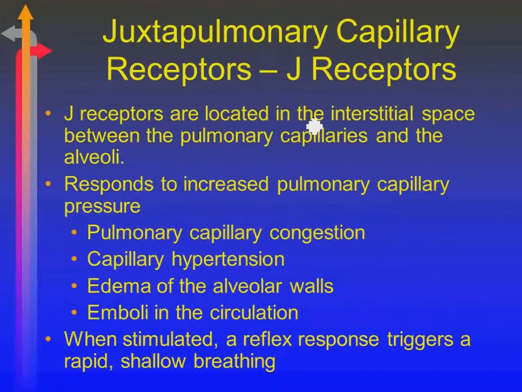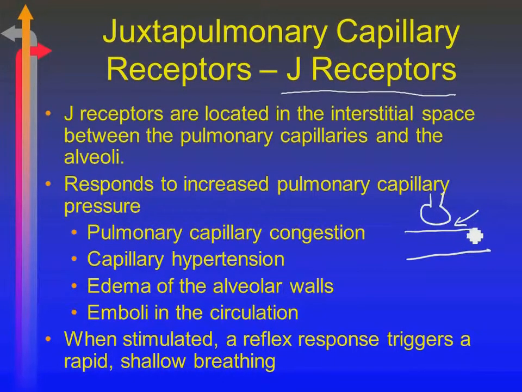J receptors. Anybody ever hear of J receptors? Juxtapulmonary capillary receptors? These are cool ones. They're located in the interstitial space, and they sense when the pressure within that interstitial space rises.